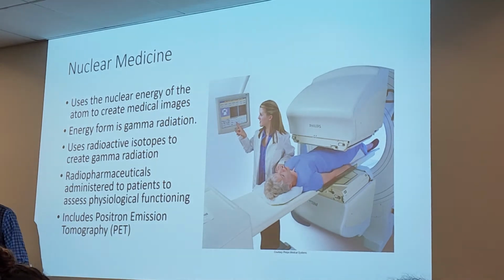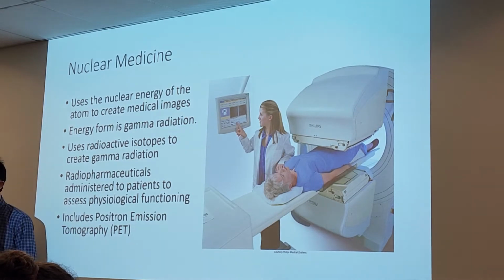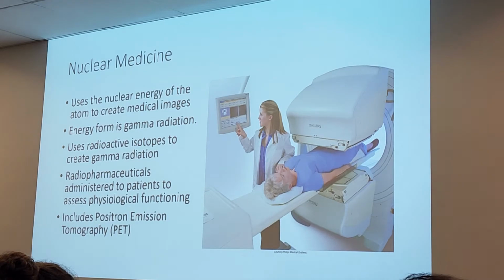Nuclear medicine uses nuclear energy from the atom to create medical images. This energy takes the form of gamma radiation. So, what kind of atoms do we use? We use radioactive isotopes, something like technetium, and it gives off radioactive energy while inside the patient.